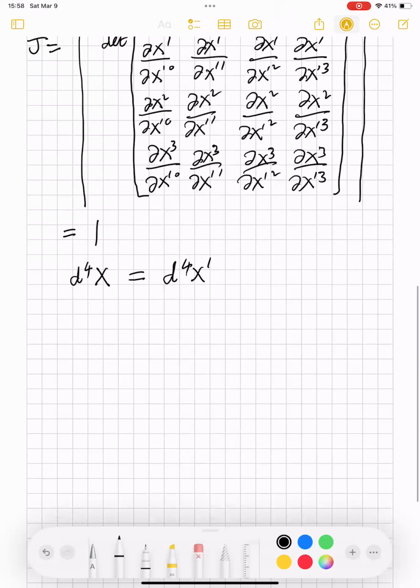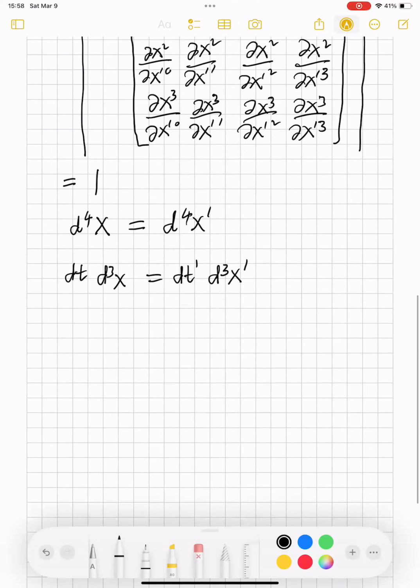Okay, so what do we have? d4x we can write as dt, and then d3x. And by d3x, I mean dx, dy, dz. And we're saying that this is equal to dt prime times d3x prime. Now, let's think about why the integration measure is invariant under a Lorentz transformation.